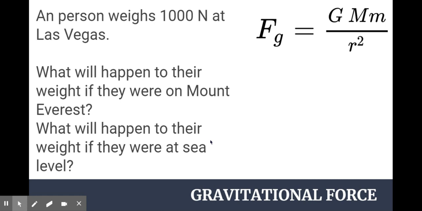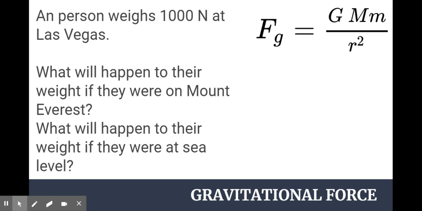All right, well, let's look at our force of gravity equation. First off, the force of gravity is inversely proportional. Remember what that means. Inversely proportional to the radial distance, specifically to the square of the radial distance, just like the acceleration due to gravity. Therefore, as altitude, or the radial distance, increases, the force of gravity gets smaller.